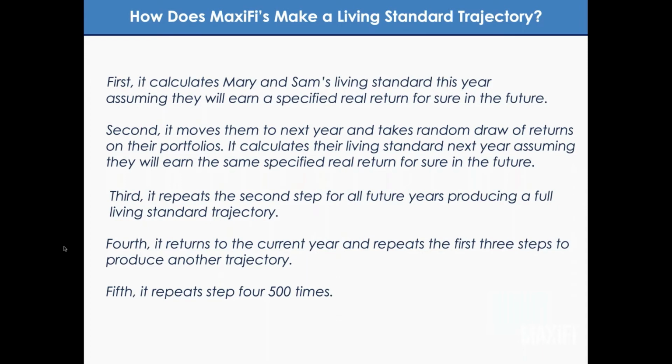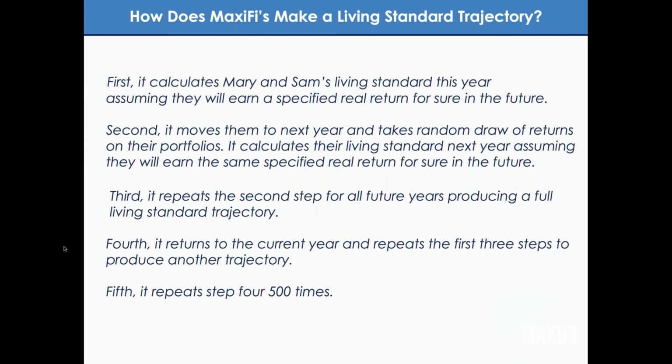Now we've got them at age in 2021, and we again figure out what they would spend in 2021 if they were going to spend cautiously, as if they're going to earn a zero real return forever. And then we mark down what their living standard is, and then we move them to 2022.